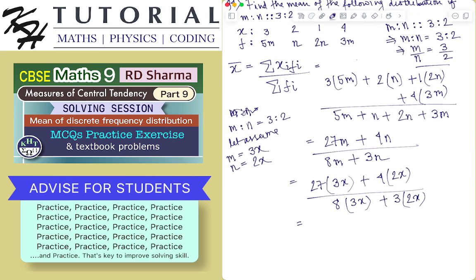So this is 81x plus 8x divided by 24x plus 6x. This is 89x divided by 30x. x cancels out, so the mean is 89 by 30.